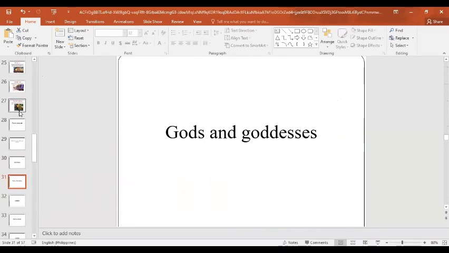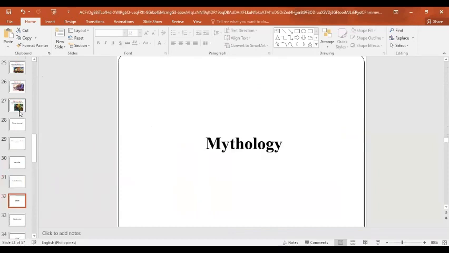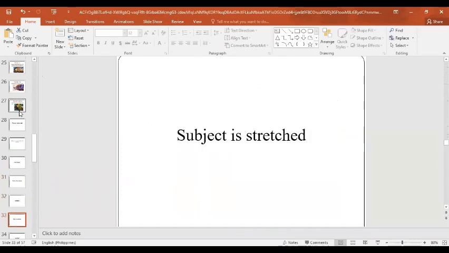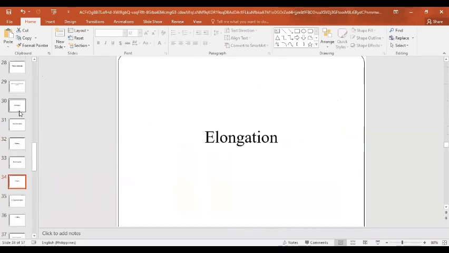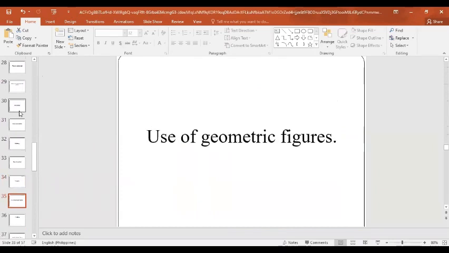Next, how about gods and goddesses? Ito ay sources of subject. We have mythology. Next, how about subject is stretch under ng abstraction form? We have elongation.